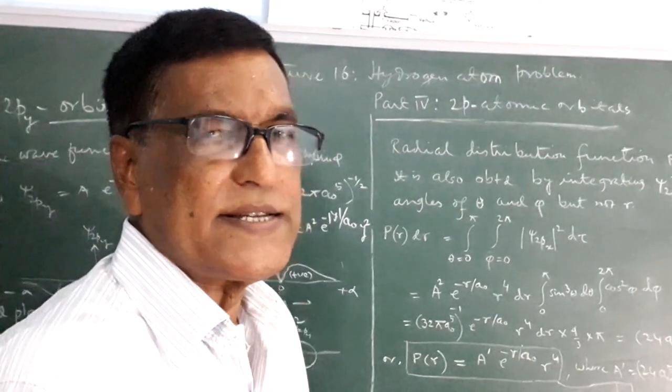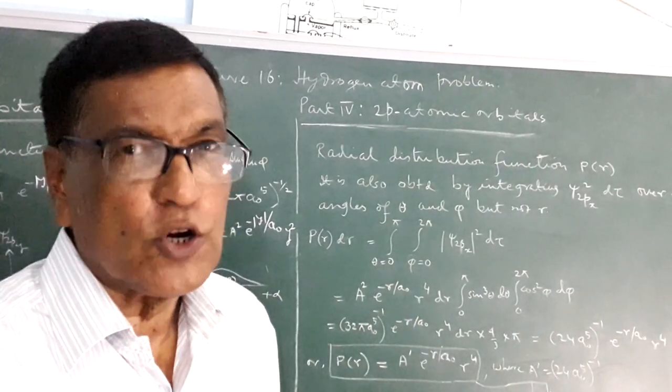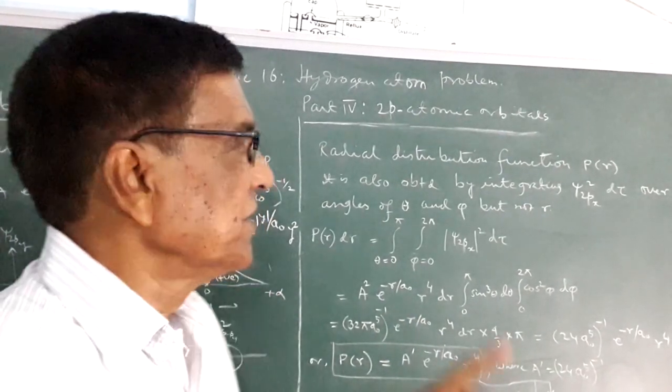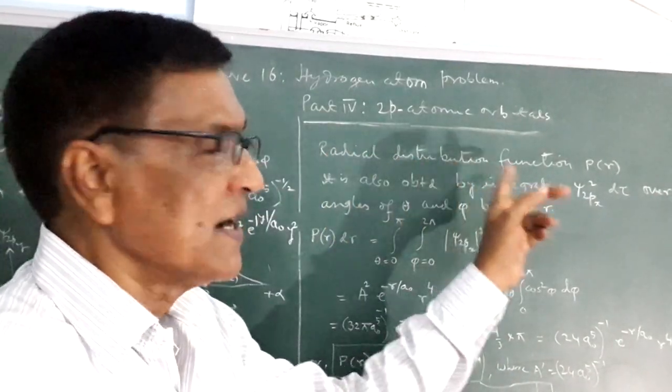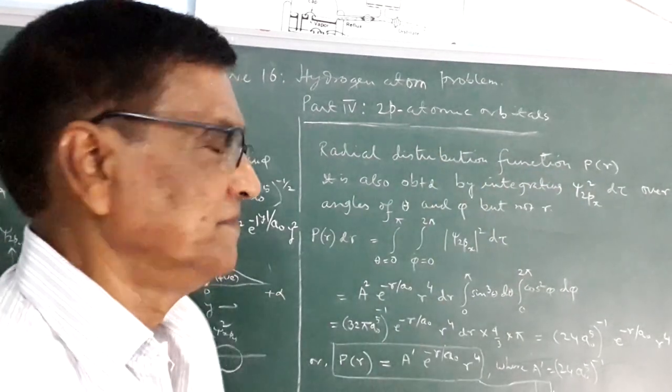Now I shall discuss one very important aspect of the 2px orbital, the radial probability distribution function, or simply the radial distribution function P(r).